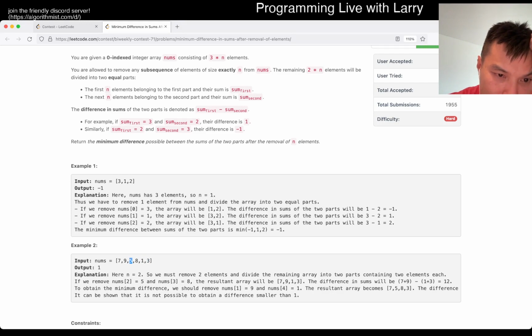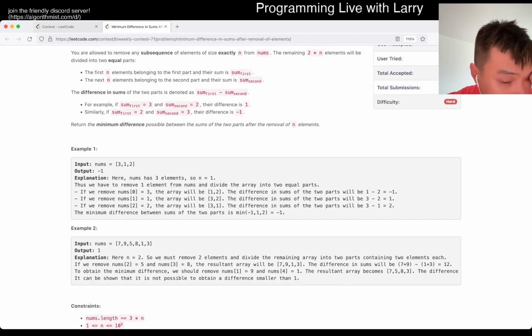Actually, what you would do is replace the 8 with the 1, and then you have the 8 and the 3, and then the 9 and the 5. So the idea here is to use a min heap on the right and a max heap on the left, and then greedily do some maths. Is that reasonable?